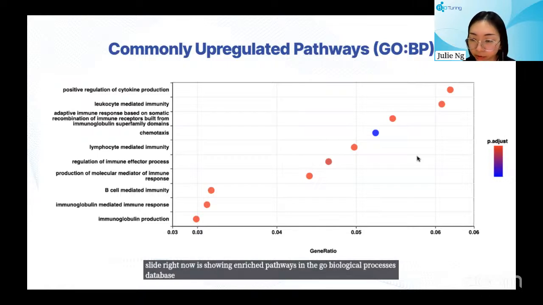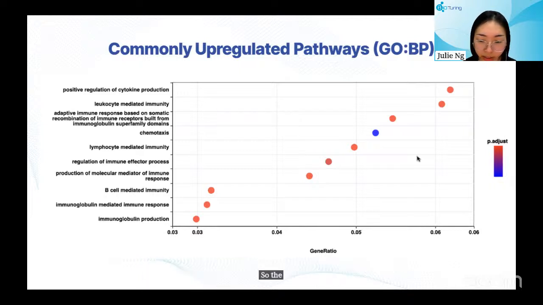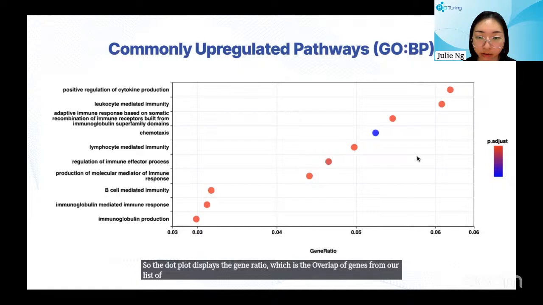The type of graph that we're looking at here is called a dot plot. The dot plot displays the gene ratio, which is the overlap of genes from our list of DEGs versus the gene sets in the GO Biological Processes pathways, and it's colored by the adjusted p-values for each of the enriched pathways.